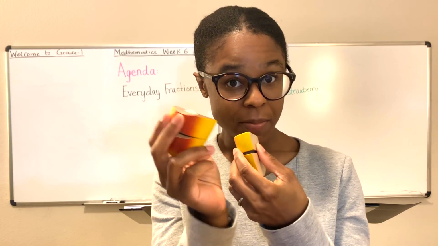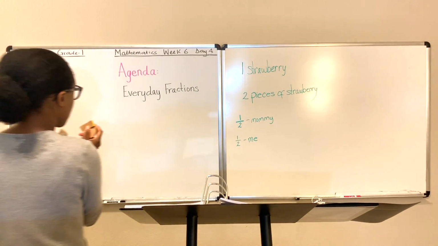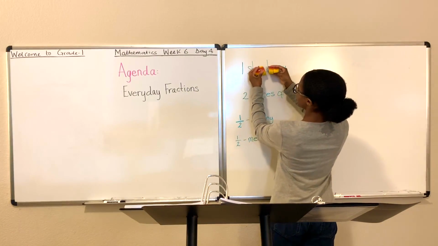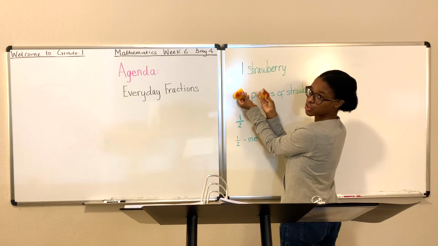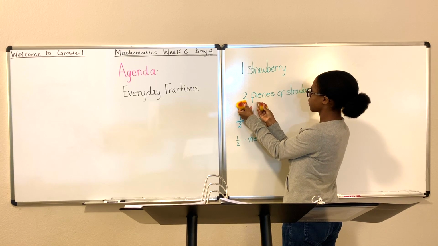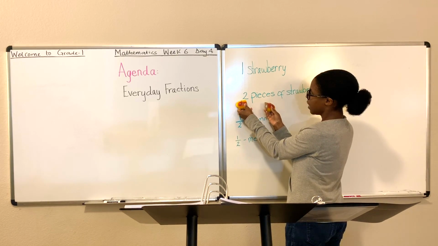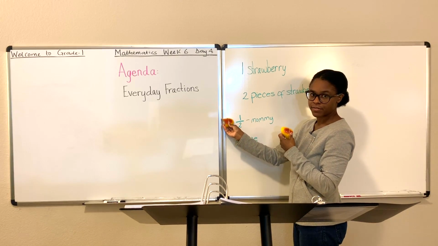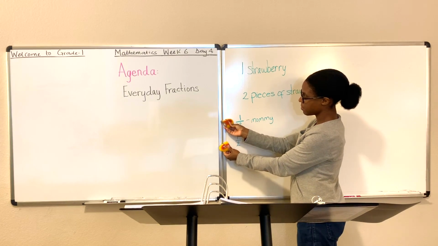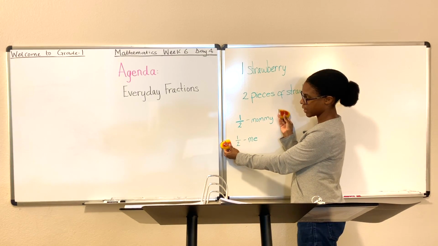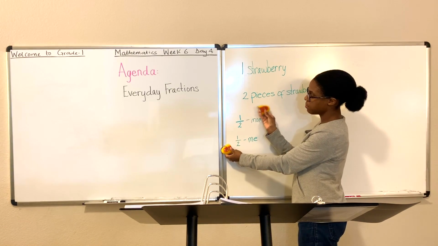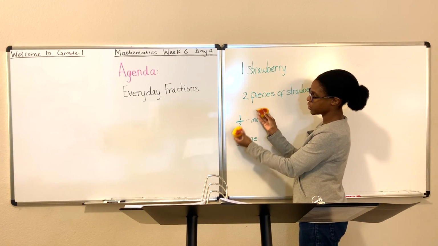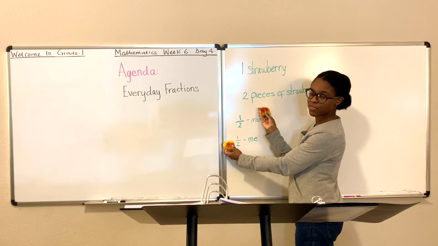Okay, same thing applies. We started out with one loaf of bread and then you decided to divide it into 2 pieces. And then you said, mommy, here's your half and here's my half. Here's your 1 over 2 pieces and here's my 1 over these 2 pieces. 1/2 to 1/2.